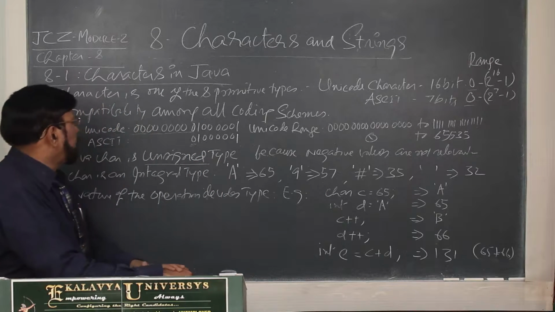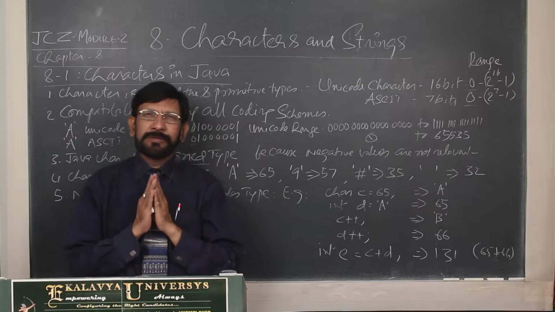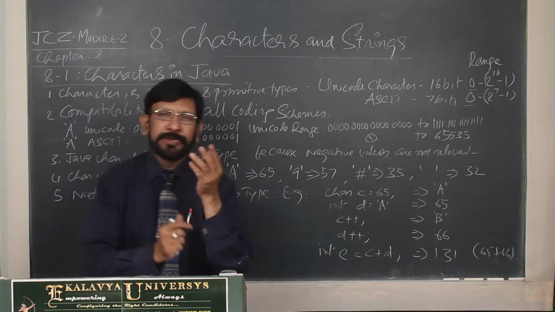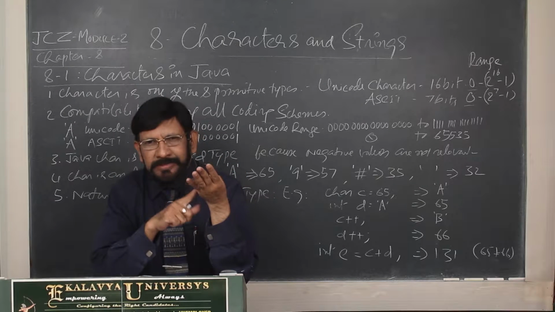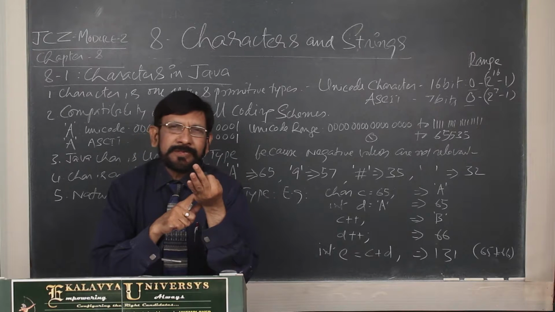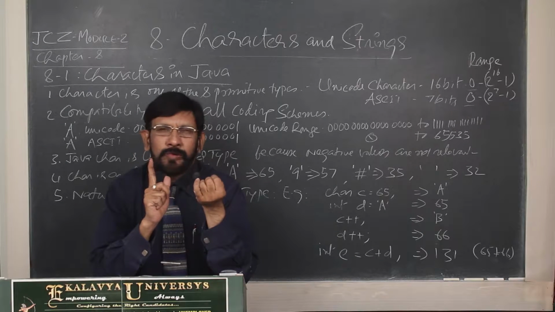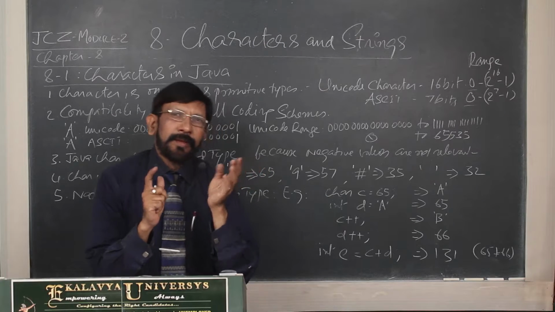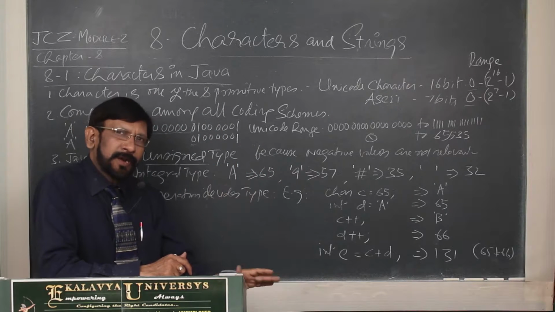Thereafter, you must understand one important feature. There are many coding schemes, namely ASCII, extended ASCII, Latin one, EBCDIC, Unicode, etc. And for all coding schemes, there is a commonality.